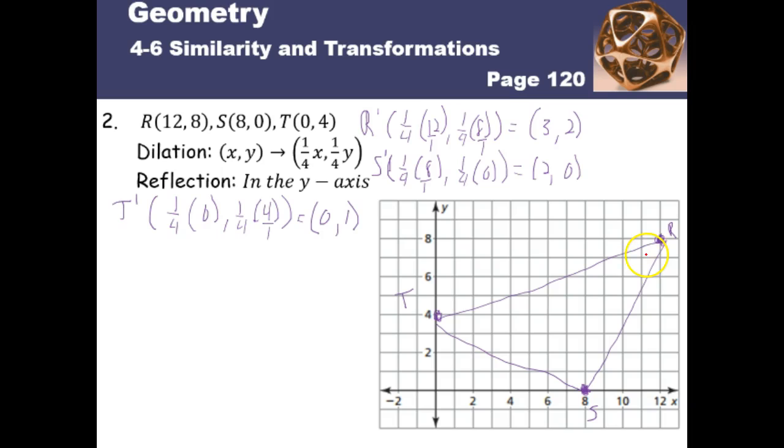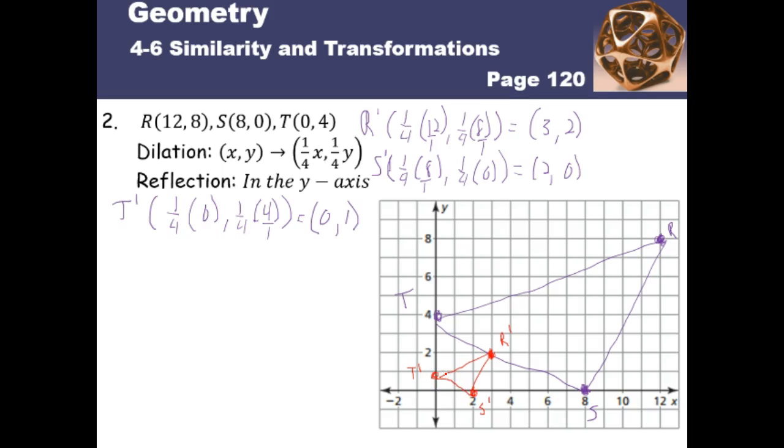R prime is (3, 2). And S prime is (2, 0). And finally, T prime is (0, 1). So it's the same shape, it's just shrunk.